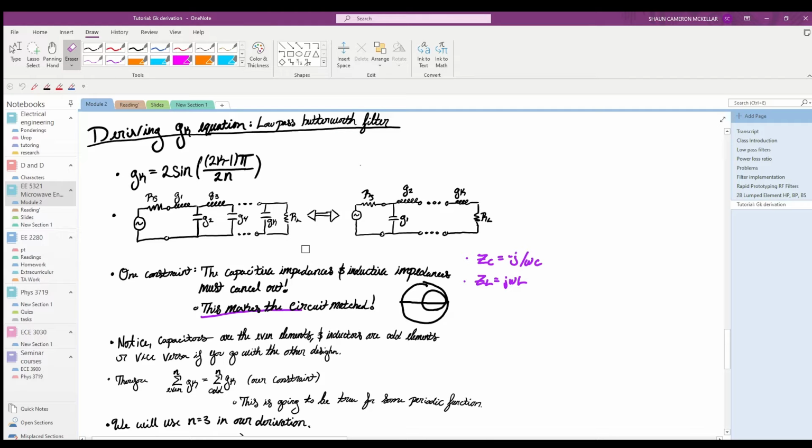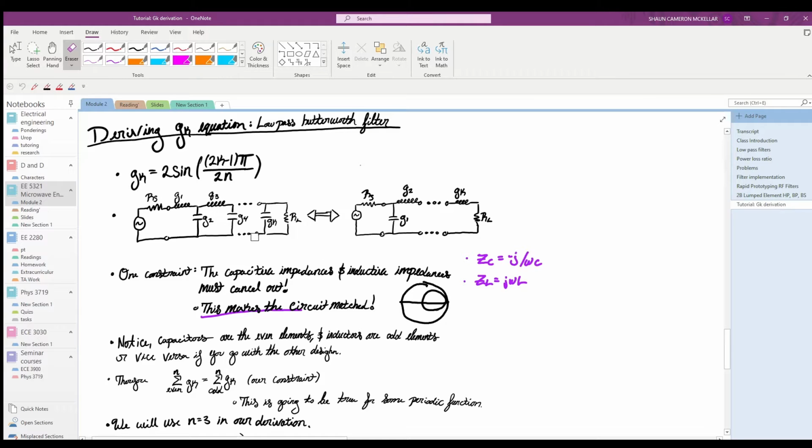Alright, so the very first thing we want to think about is what sort of constraints we have on this circuit. And there's really only one main constraint, being that the capacitive impedances and the inductive impedances must all cancel out.